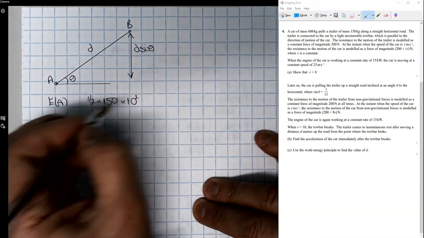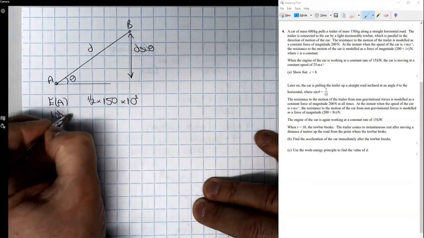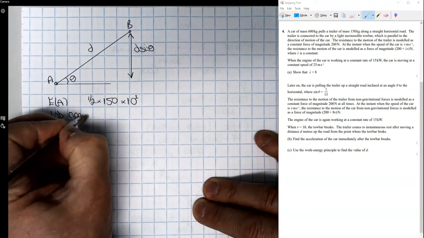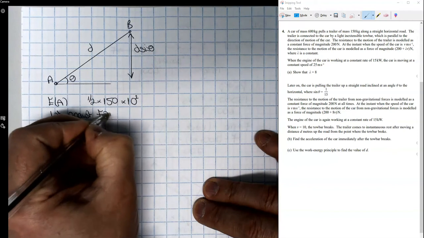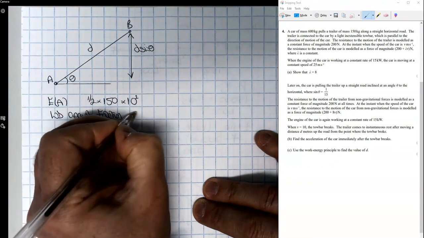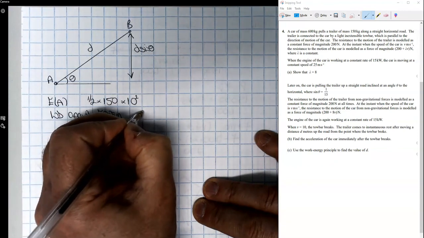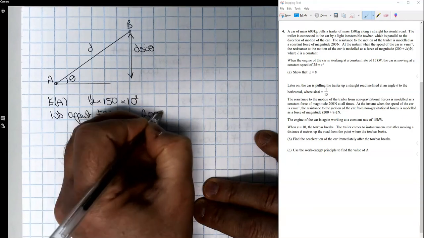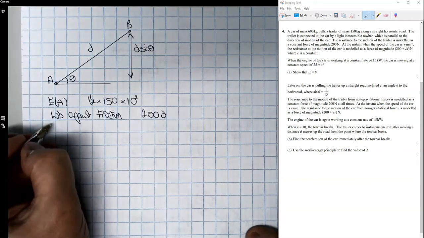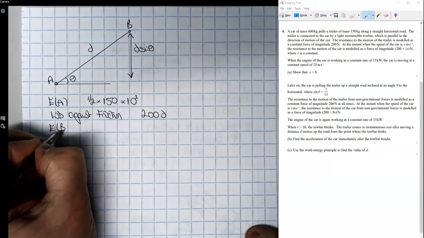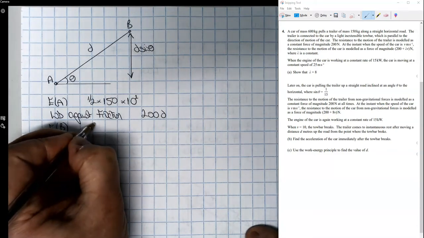We've got work done against friction, which is FD, which equals 200 constant friction times the distance it travels, and we've got energy at B is mgh.